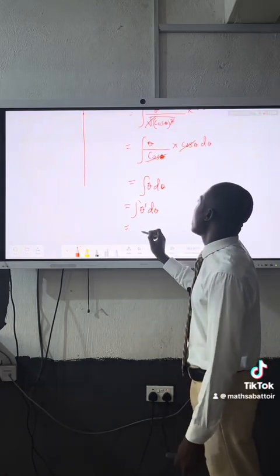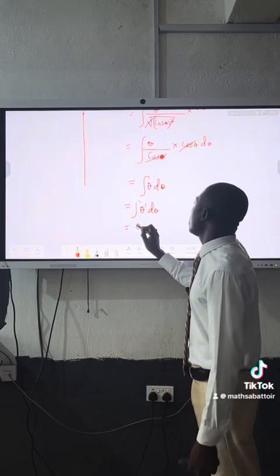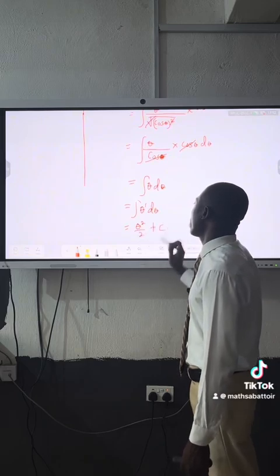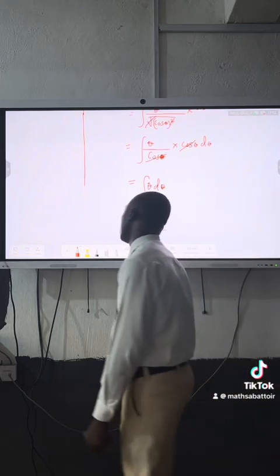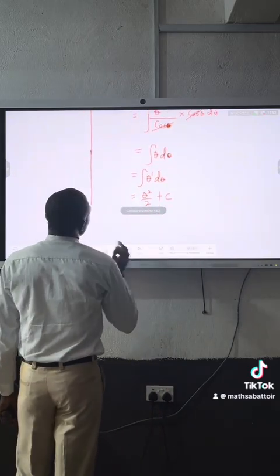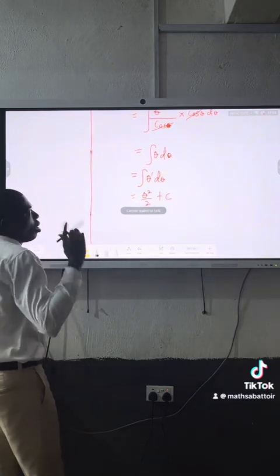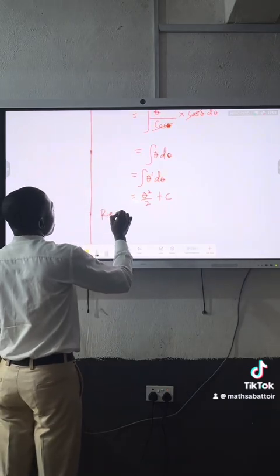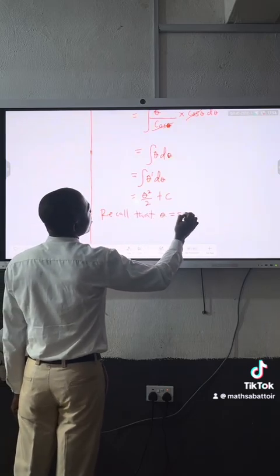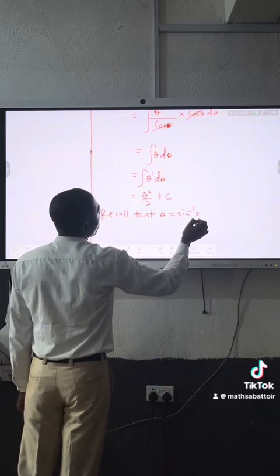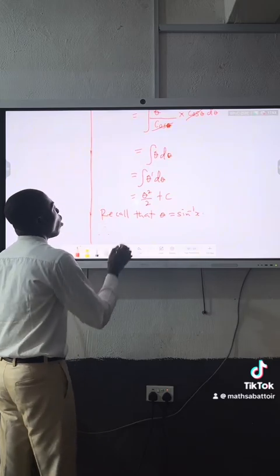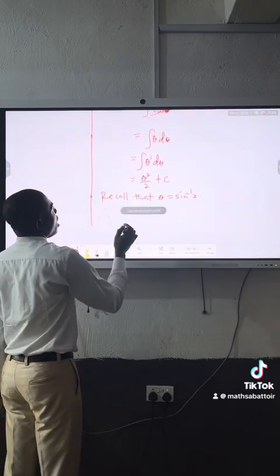So integrating theta raised to power 1 gives theta raised to power 1 plus 1, which is 2, all over 2, plus a constant of integration. And then finally, we need to recall what theta represents. Recall that theta represents sine inverse of x.